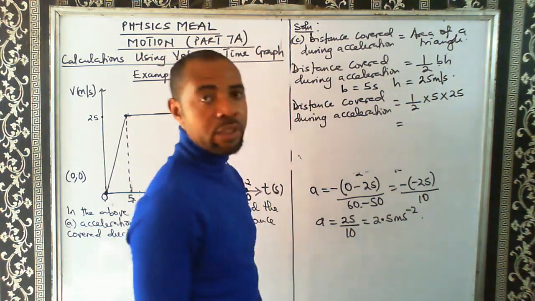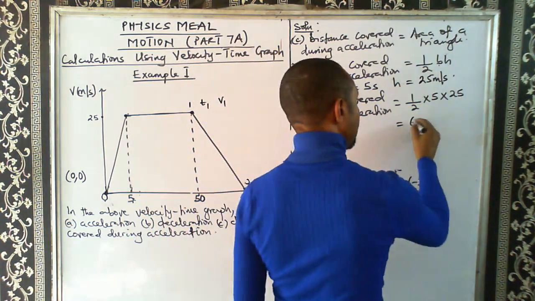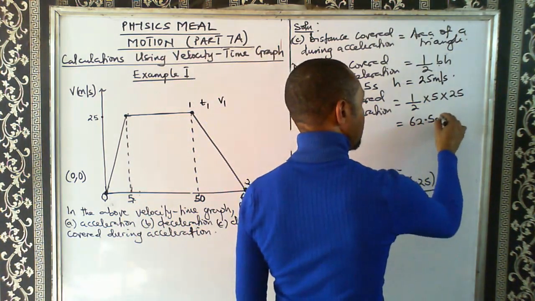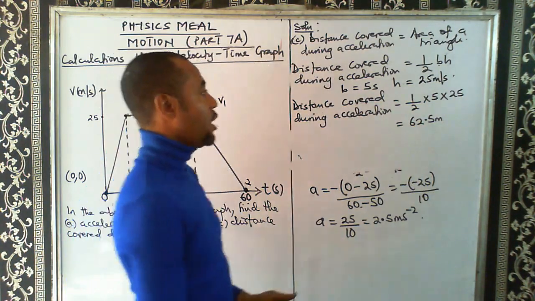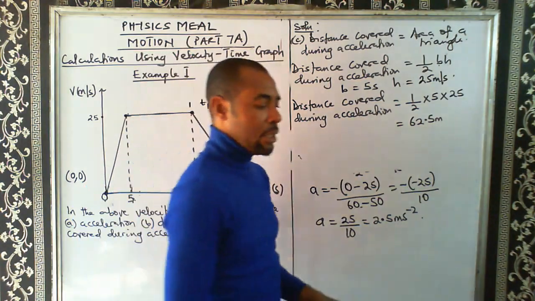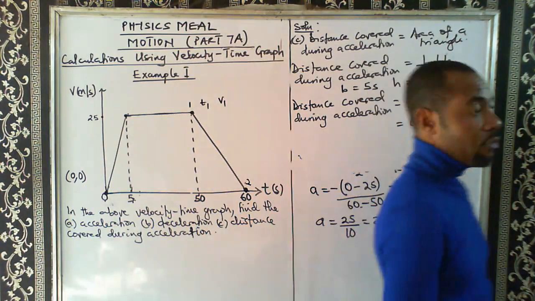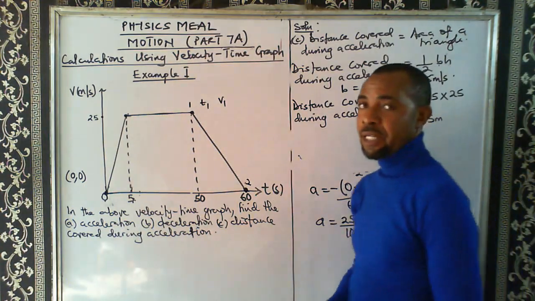So 5 times 25 gives us 125, divided by 2 gives us 62.5 meters. So the distance covered during acceleration is 62.5 meters. That's quite simple and nice.